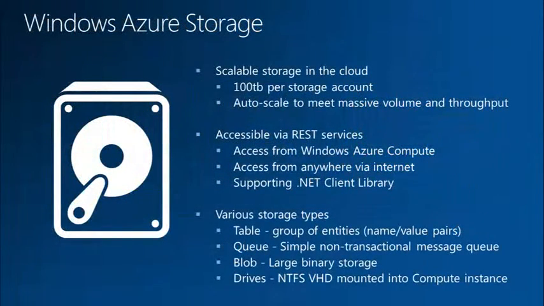So Windows Azure Storage is, as I mentioned, highly scalable. It's optimized for scale and speed. We ingest petabytes of data every day. And all of this data is redundant. You have 3 copies of your data automatically replicated to multiple locations, and that's all handled for you. So if you do a write of a file into, let's say, blob storage, you can rest assured that there are actually 3 copies of that file sitting out there in different fault domains.